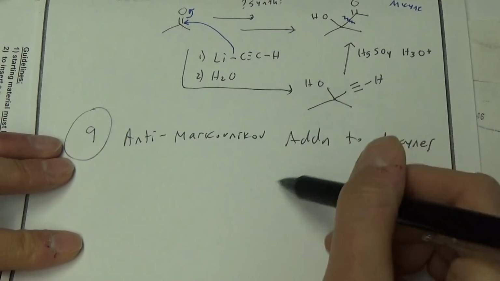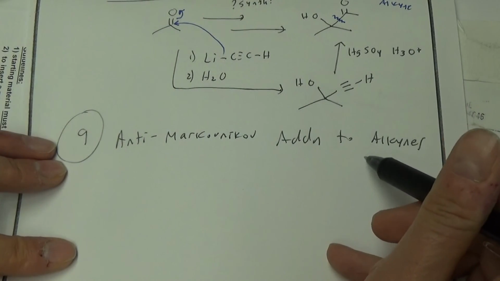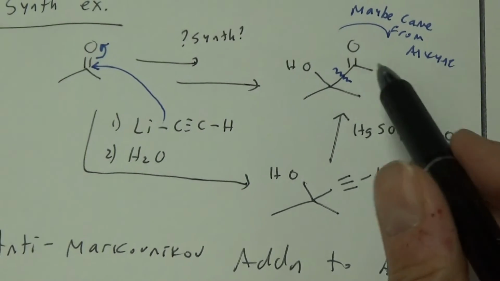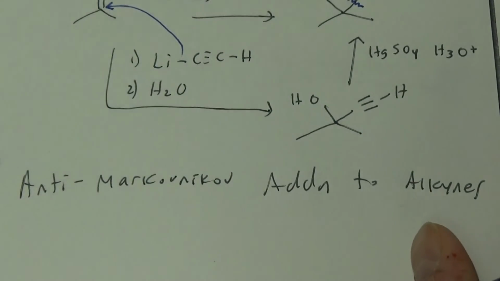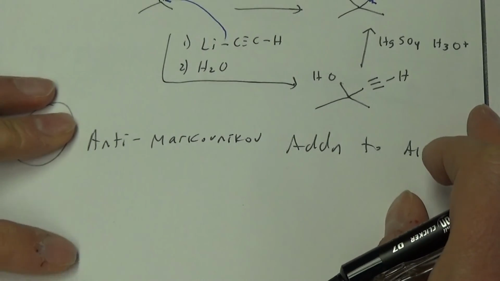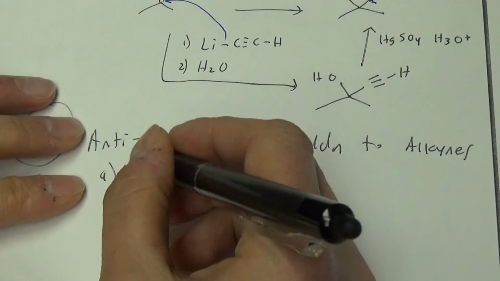That means you're adding stuff to the terminal position of an alkyne, as opposed to in this case, where we're adding the oxygen to the internal position. This will add stuff to the terminal position, the very end. I'm just going to introduce the first one, and then we'll talk about it next time.